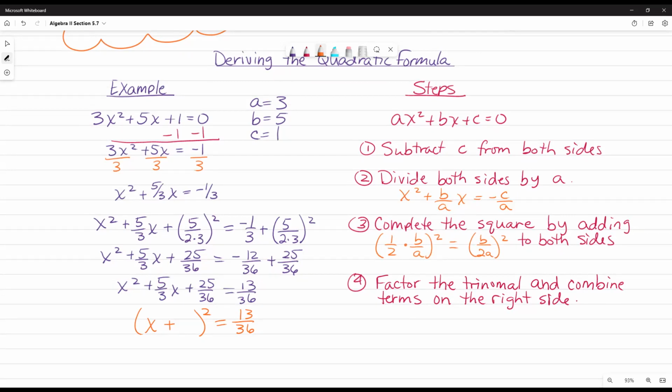It's the b over 2a. Close, but it's 5 over 2 times 3, so it's 5/6. This is the second term inside your squared binomial. So b is 5, and the 2 times 3 is 6, because that's what we squared to get that third term, that c term.